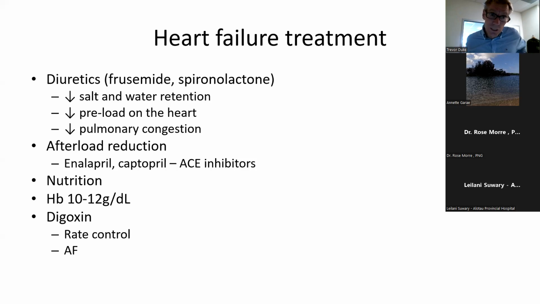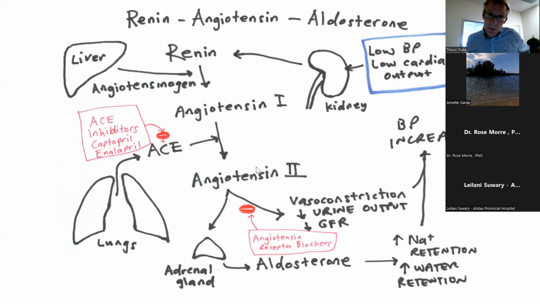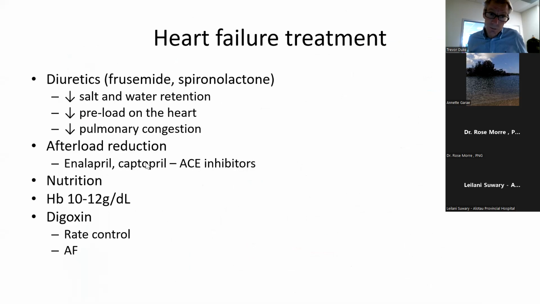Then we use agents that block angiotensin converting enzyme. So it blocks the production of angiotensin 2, and there's reduced vasoconstriction and reduced effect on glomerular filtration rate. So it allows the kidneys to pass more urine.